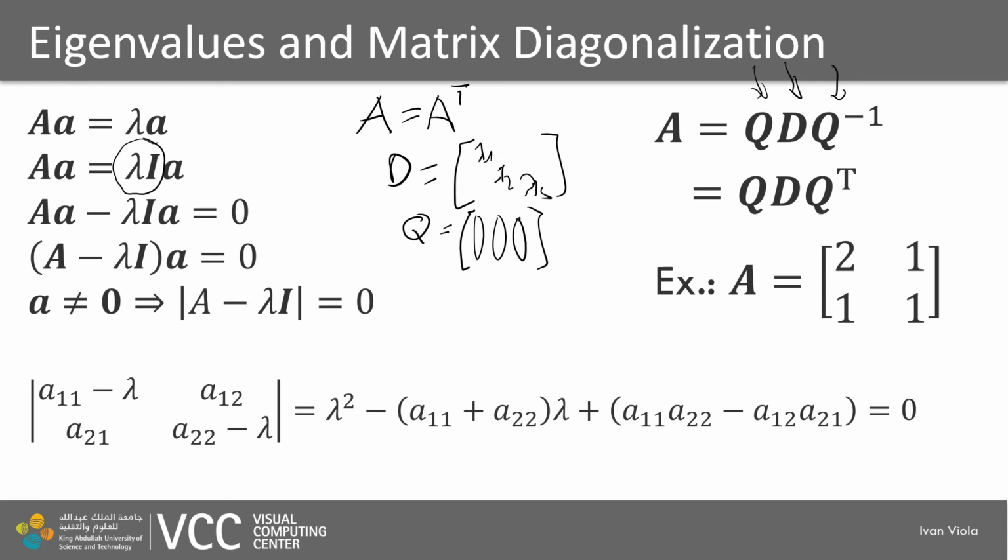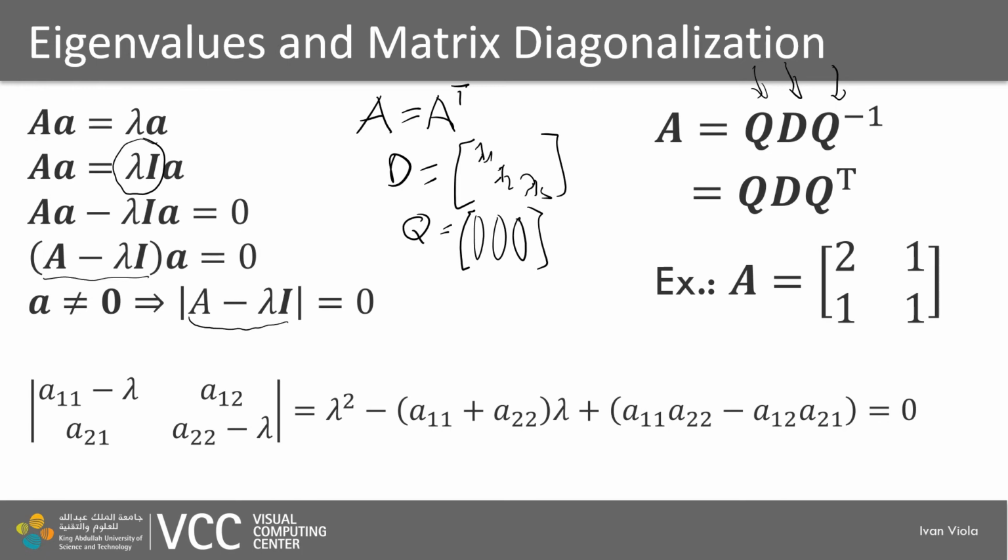And this can only be the case when this matrix is a singular matrix, meaning that the determinant of this matrix will be 0.